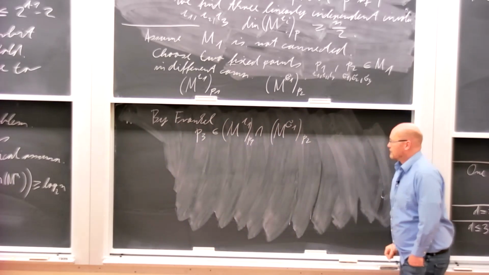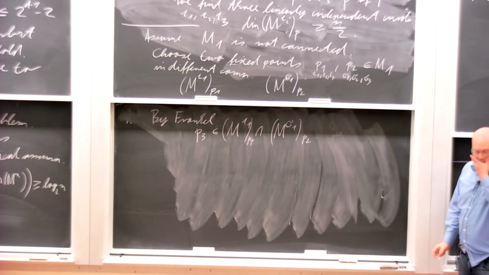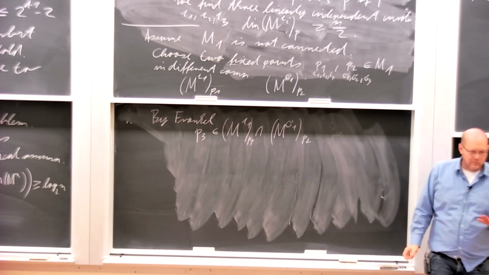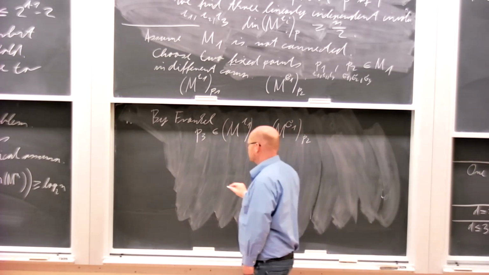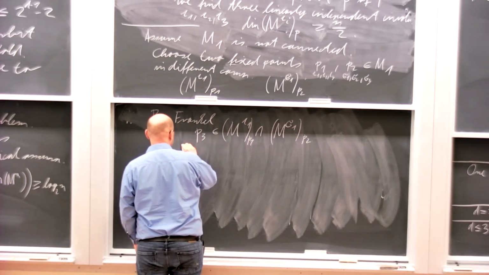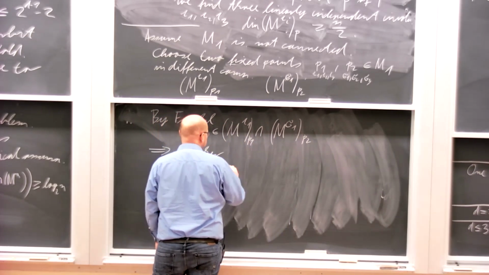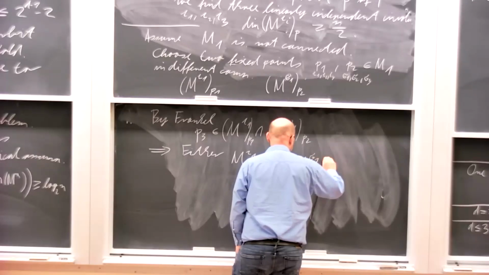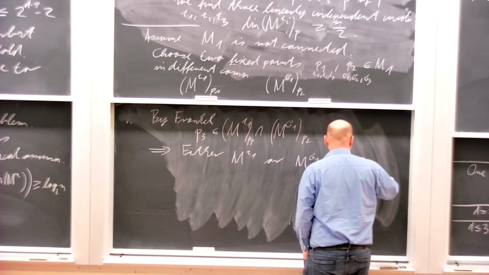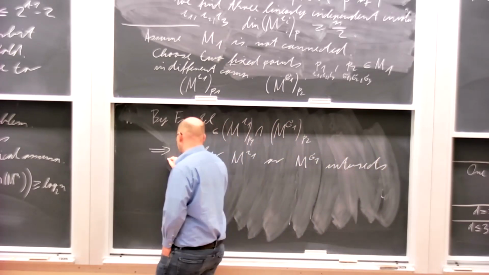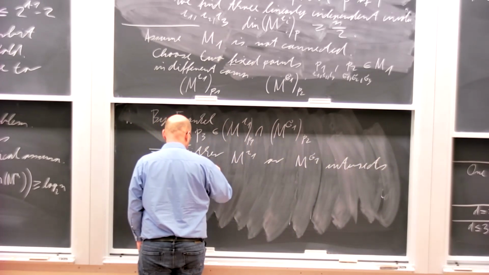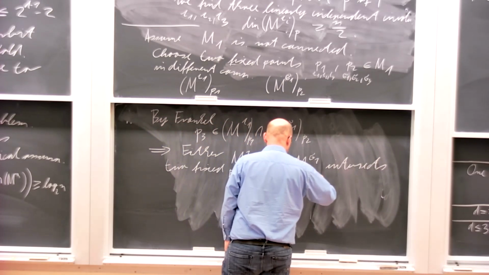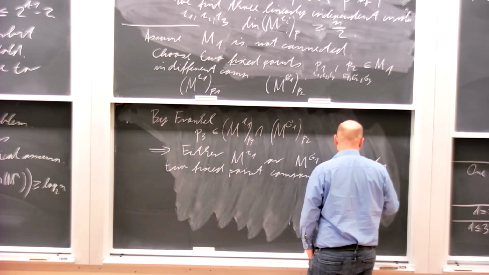And now what's clear then is that either M^iota_1 or M^sigma_1 intersects 2 fixed point components of M1.